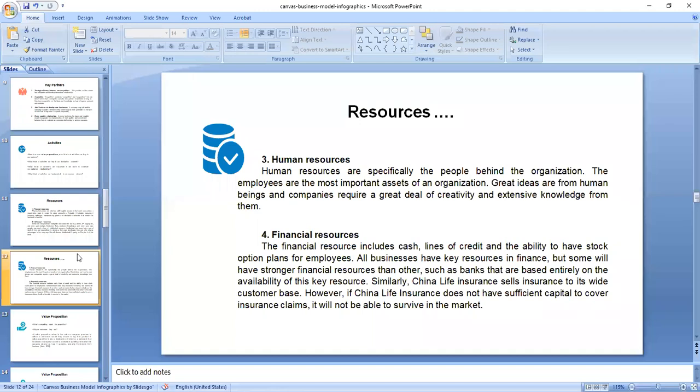So similarly, China Life Insurance, as an example, sells insurance to its wide customer base. However, if China Life Insurance does not have sufficient capital to cover insurance claims, it will not be able to survive in the market. So this is not just like China Life Insurance. This works for all insurance companies, and it's also a risk.